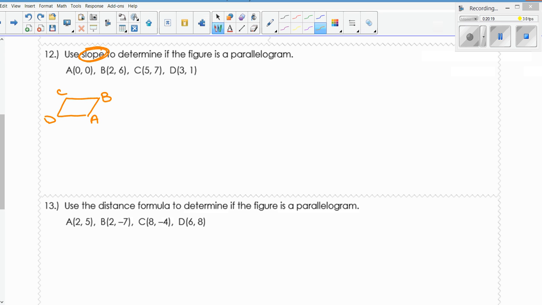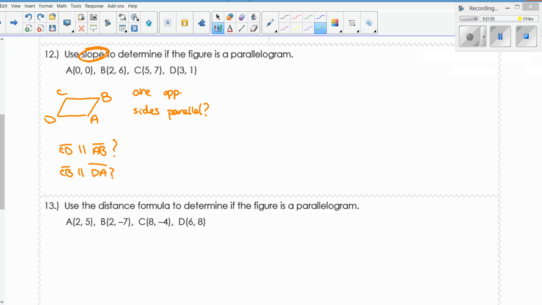So, using slope to determine means that I want to know, right over here, are opposite sides parallel? If they are, my figure is a parallelogram. If they're not, my figure is not a parallelogram. So my opposite sides for what I've drawn in, which should be the same as yours, and it doesn't matter how you draw it, my opposite sides would be CD parallel to AB, or our top and bottom parallel, CB parallel to DA, and both of these must be parallel.